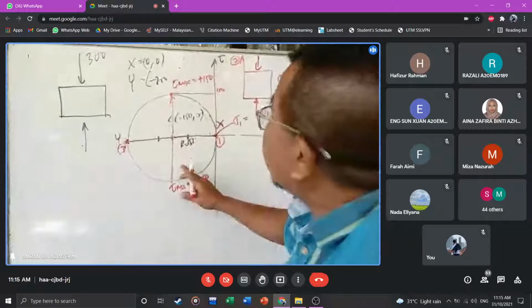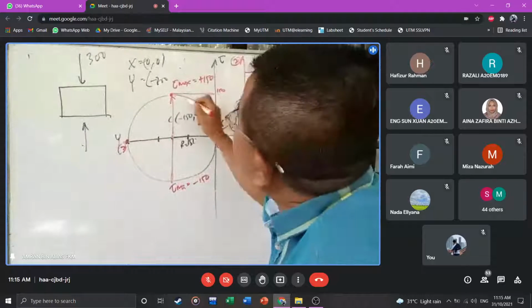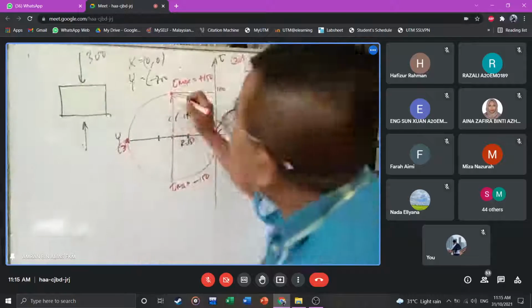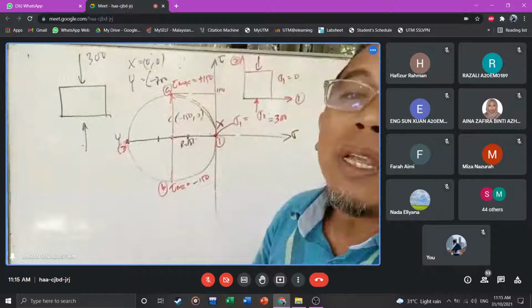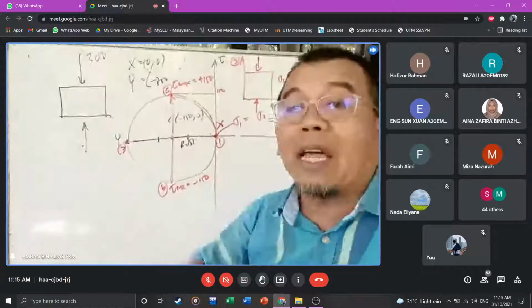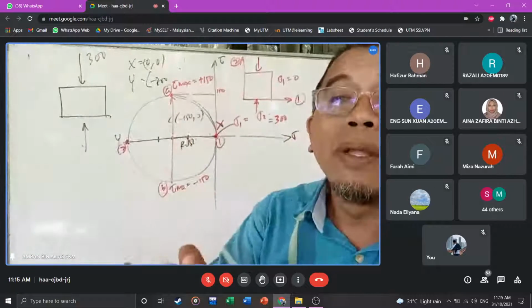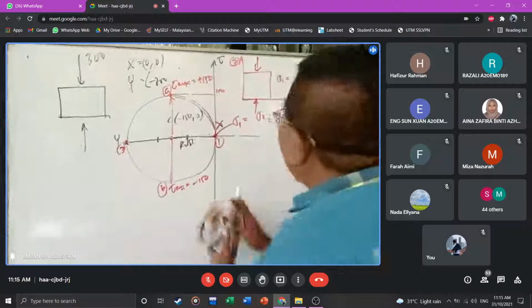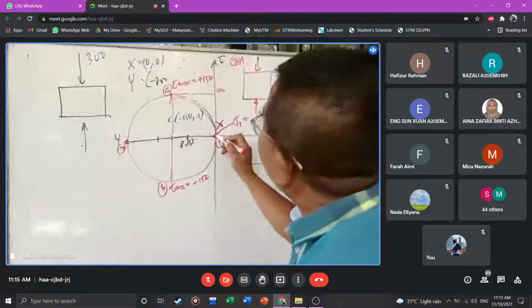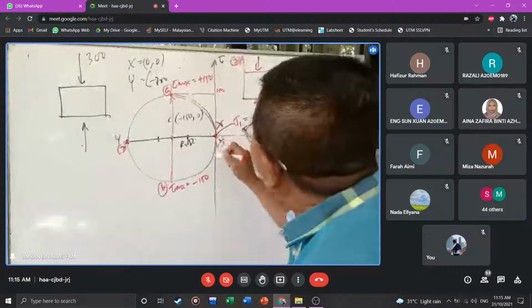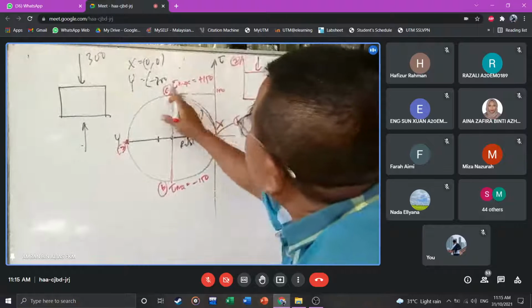How do I draw that one? How do I start from X? You must name the point. Point A there, point B, name it. I want to draw the element, it must have direction. Direction must have a name. So how do I draw that one? You must start with X. I go from X here, your X, your 1, whatever, X go to A, counterclockwise.